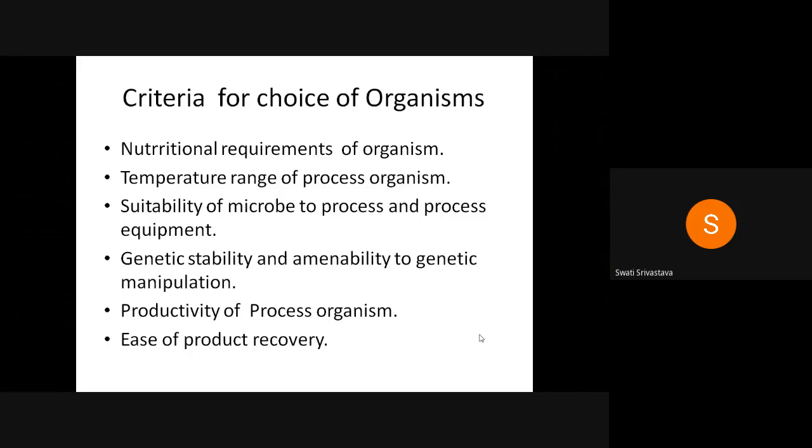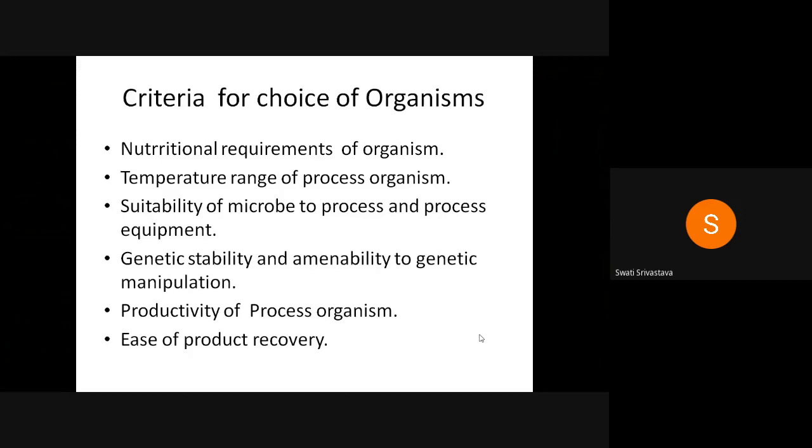Then the suitability of the microbe to the process and the process equipment. Now, suppose you are using the microbe for production of some kind of alcoholic beverage. If this microbe is susceptible to higher concentrations of alcohol, then the microbe will definitely be killed as the alcohol concentration rises.